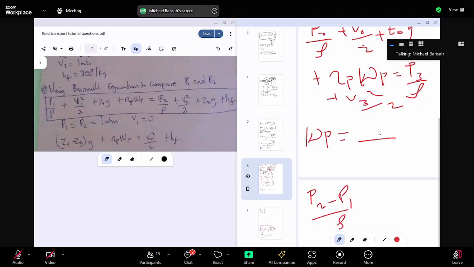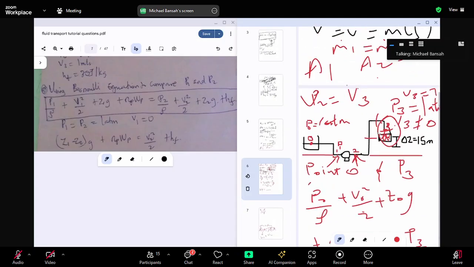If you do it very well. So let's say point 1 and point 2. If I go back to the diagram, you understand what I'm trying to say. This is my point 1, here, and this is my point 2. Now at point 1, point 2, doing the Bernoulli over there, we have pressure P1 unknown because it's moving through the pipe and we don't know the pressure.